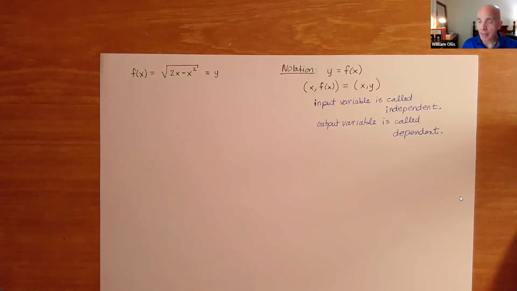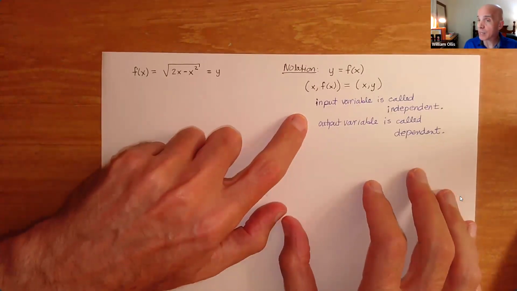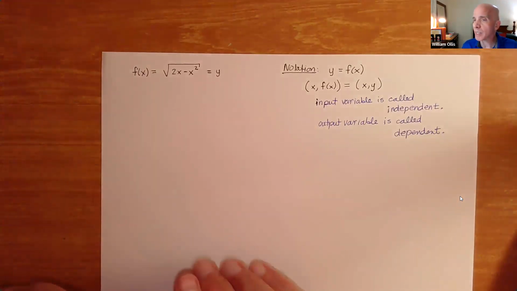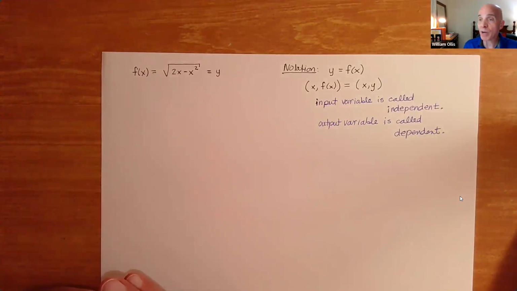So there is nothing sacred about how we decide to choose letters, okay? We are accustomed to the independent variable being x and the dependent variable or the output variable being y, but we could certainly interchange those. We could use other letters altogether. So do not place any information on a function when you think, oh, it should be this way.